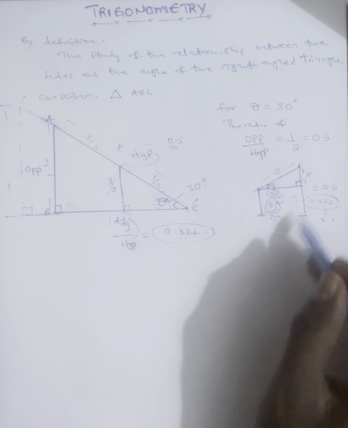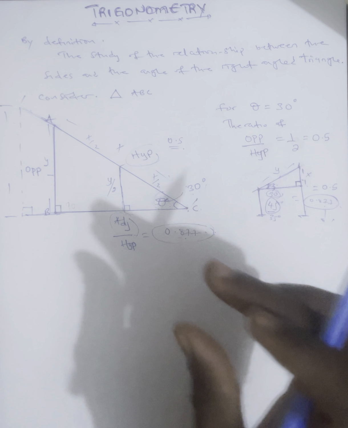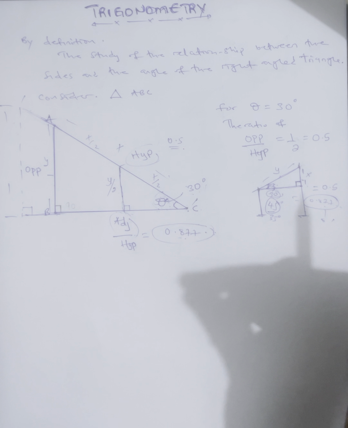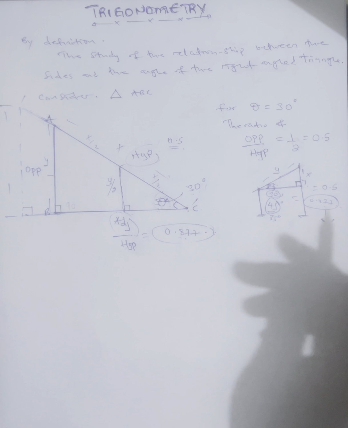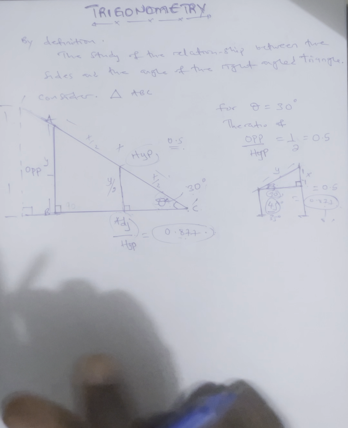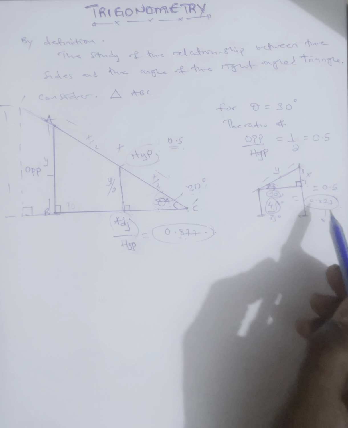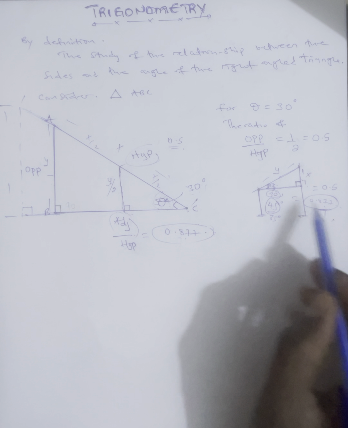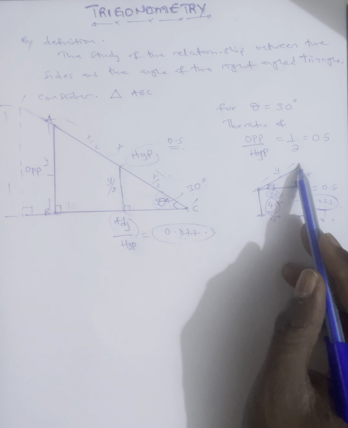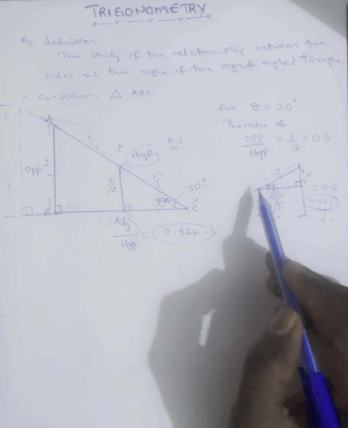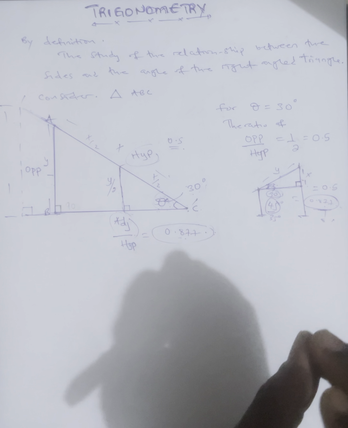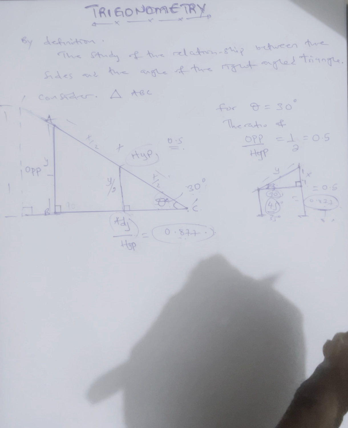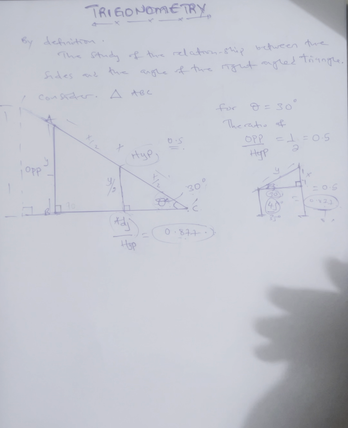If you draw that triangle in your textbook, use the ruler for the measurements and the kipima pembe, and get the angle 30, that triangle will have this ratio for the adjacent and hypotenuse. So this is a very, very early concept of trigonometry before we go any further to other concepts.